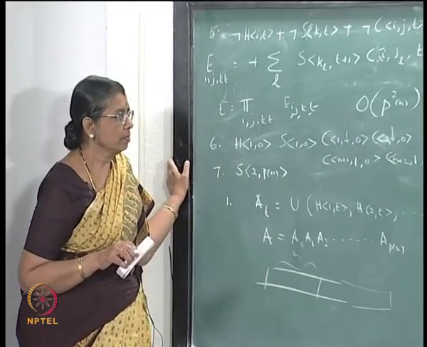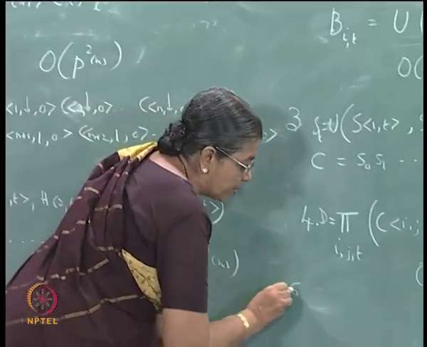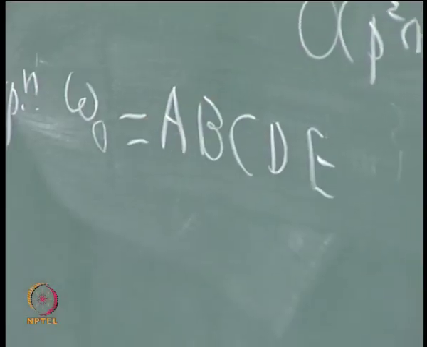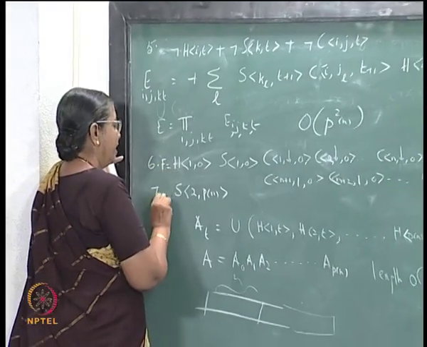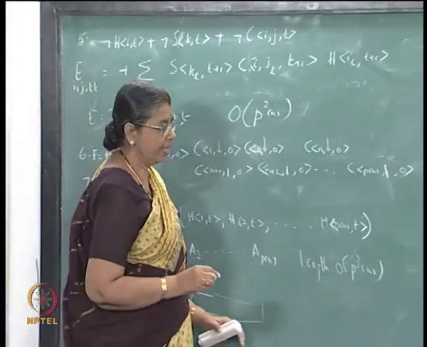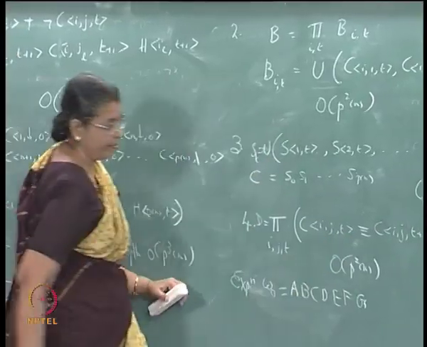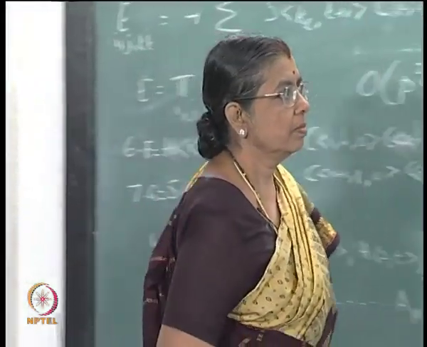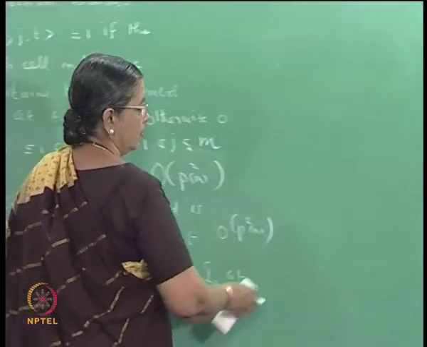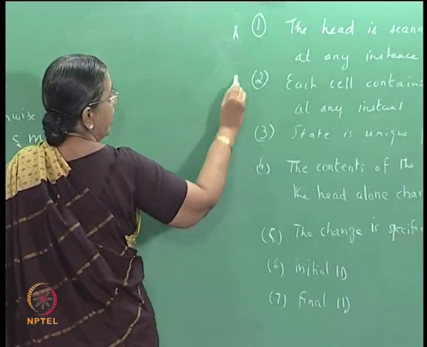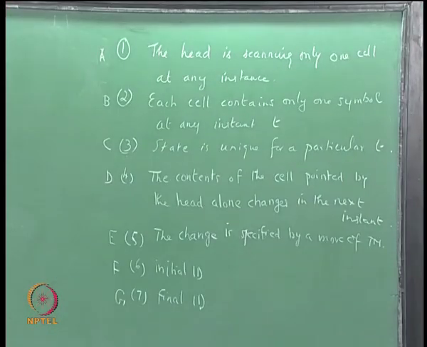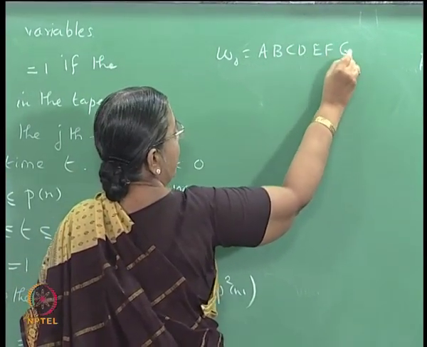So, totally you have a Boolean expression W naught, which is equal to A, B, C, D, E. If I denote the 6th condition by F and the 7th condition by G, the expression is A, B, C, D, E, F, G. So, what we have done is we have written expressions A, B, C, D, E, F, G for satisfying the 7 conditions, and we consider W naught to be equal to A, B, C, D, E, F, G.